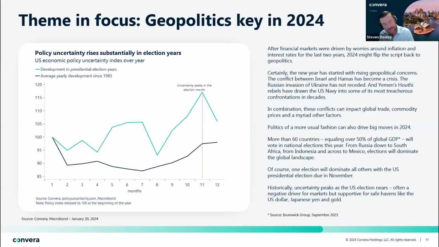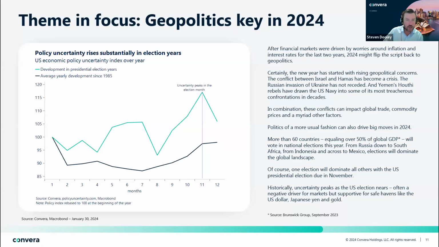But of course, as we go to the end of the year, the US presidential election, you can see how much uncertainty, looking at the policy uncertainty index, this is how it normally plays out over the course of the year. But in US presidential election years, you can see this big step up in uncertainty over the course of the year.